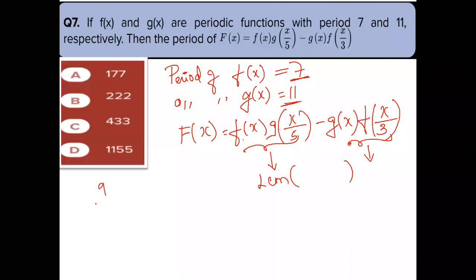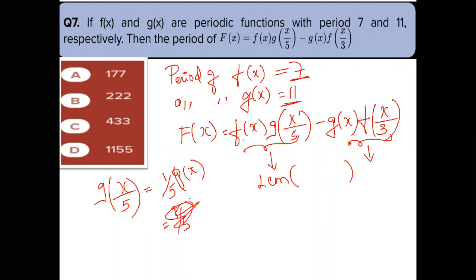So here, our function is g of x by 5. We are taking 1 by 5 of x, so the period should also become 1 by 5 of the period of g of x. What is the period of g of x?